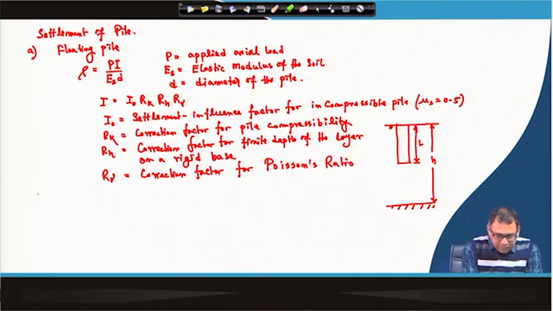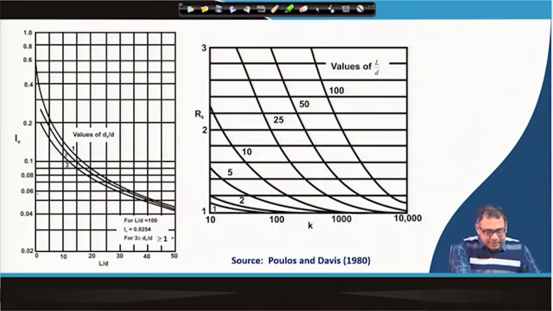Okay. Now, how will we calculate these correction factors? This is I 0, which we will get for different L by D, and again for different D b by B. If L by D is greater than or equal to 50, then I 0 will be equal to this value, but this is valid for D by B from 1 to 3.